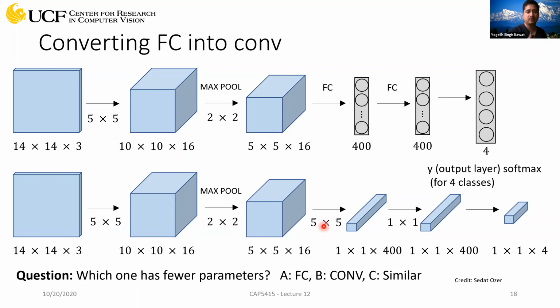When you're doing 2D convolution, the actual shape of the kernel is a three-dimensional shape. It's X cross Y, and then you have to implicitly include the depth. So in this case, the depth is 16. Thomas, does that answer your question?